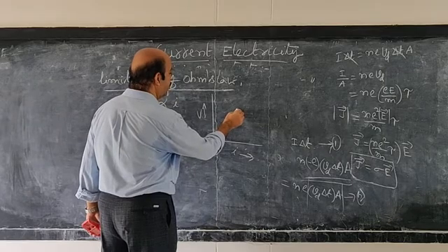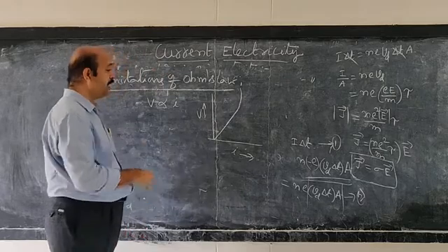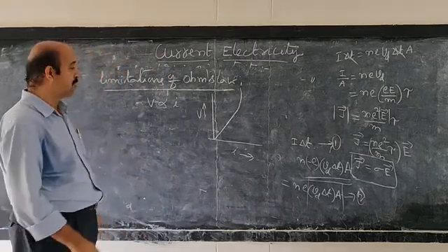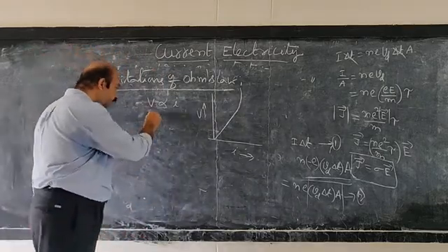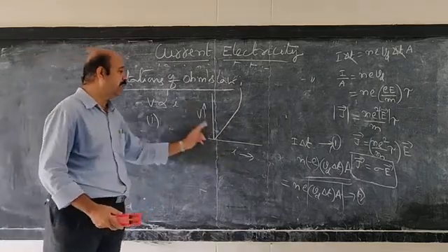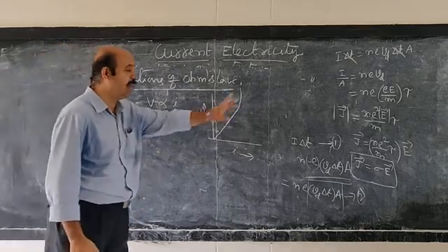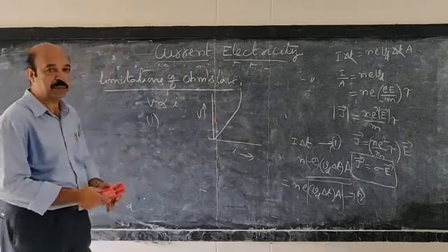At large voltages the curve will become curved, so that linear relation is lost. So this is one limitation. Even for a good conductor, at high voltages, the voltage-current relation is not linear. That is practically observed.